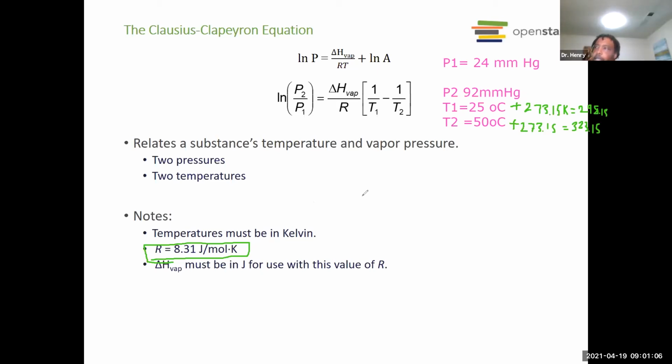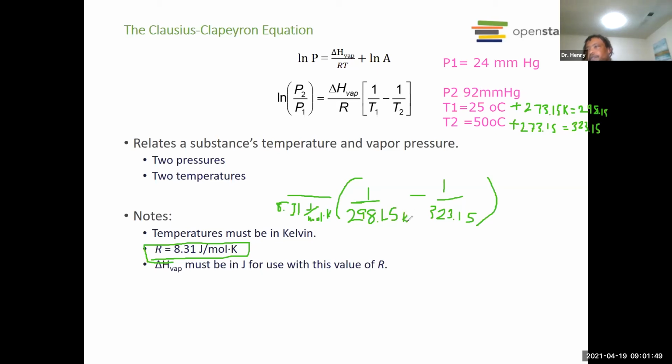Okay, so then we would just plug it in. Our T1 is 1 over 298.15 minus 1 over 323.15, and R is 8.31 joules per mole Kelvin.